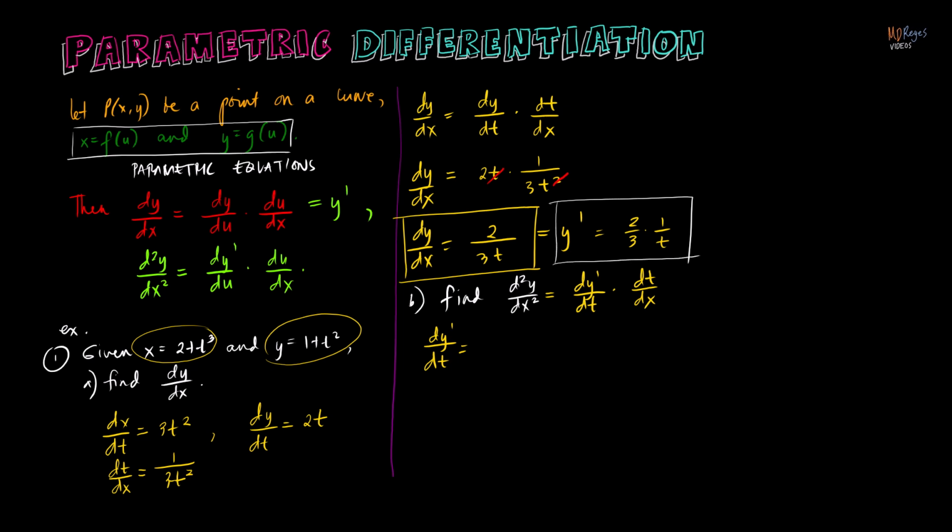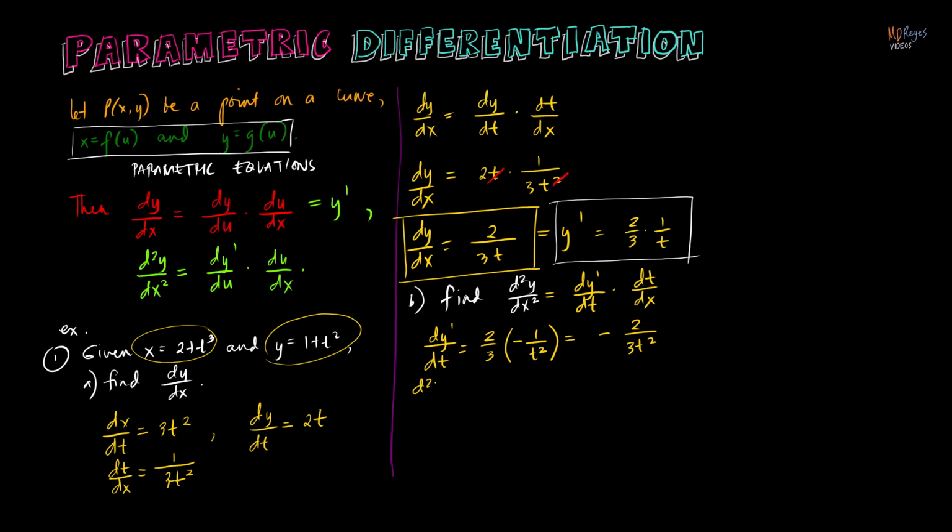Now differentiating y prime with respect to t, I'll copy the constant 2/3, and the derivative of 1 over t with respect to t is negative 1 over t squared, using the power rule, when 1 over t is written as t raised to negative 1. So dy prime over dt is negative 2 over 3t squared.